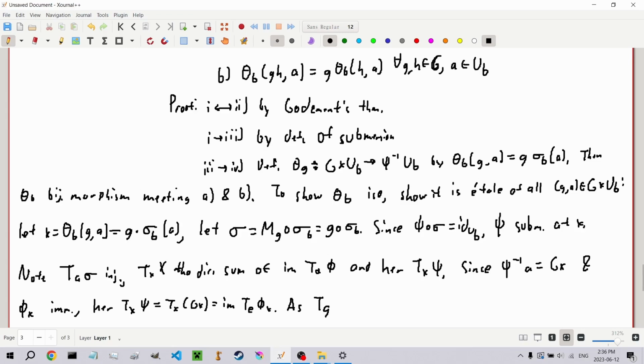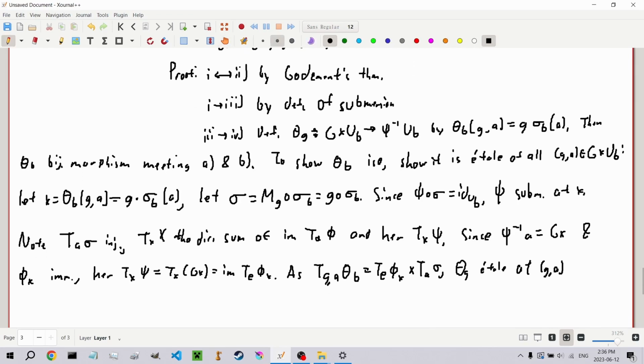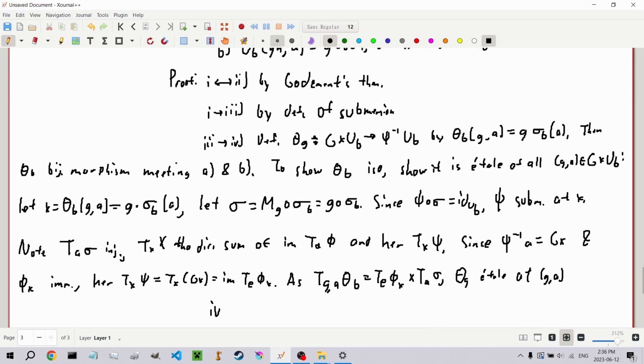As the tangent at G comma A of theta B is Te phi x times d alpha sigma theta g is a tau at g comma a. And finally, we need 4 implying 1 is automatic. We're also done. We have a couple more little things, but they're both trivial.